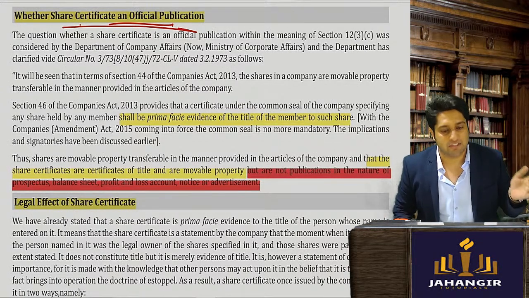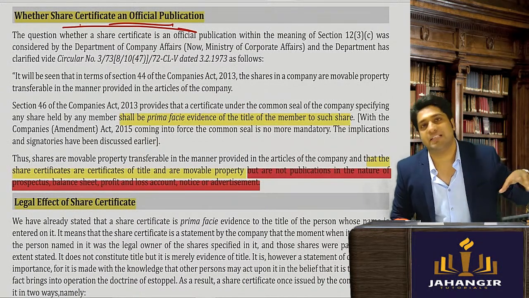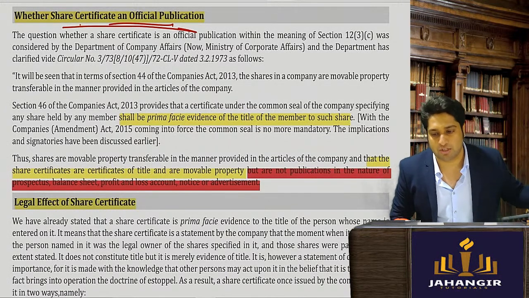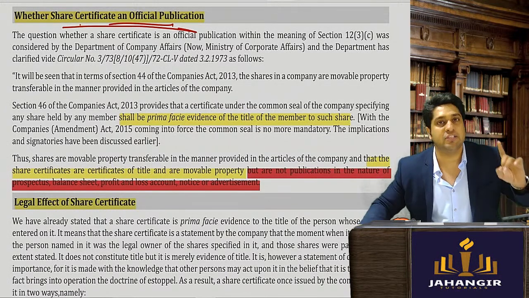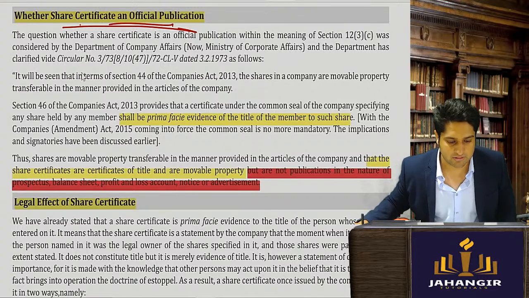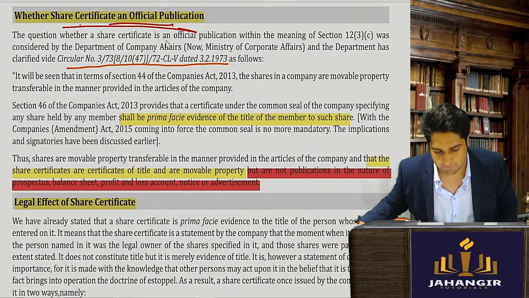So they say that a share certificate is prima facie evidence of ownership rights. It gives rights towards your title, but it is not an official document like your prospectus. This was held in a circular, with all the details as well. Okay, prima facie document of title.